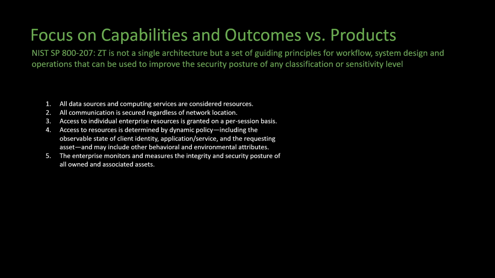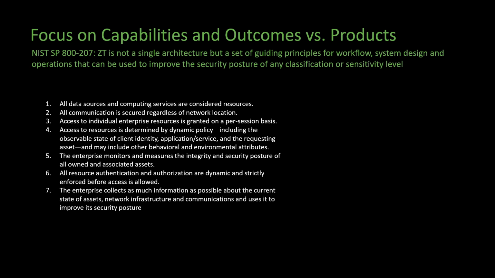The enterprise monitors and measures the integrity and security posture of all owned and associated assets, and all resource authentication and authorization are dynamically and strictly enforced before access is allowed. And the enterprise collects as much information as possible.